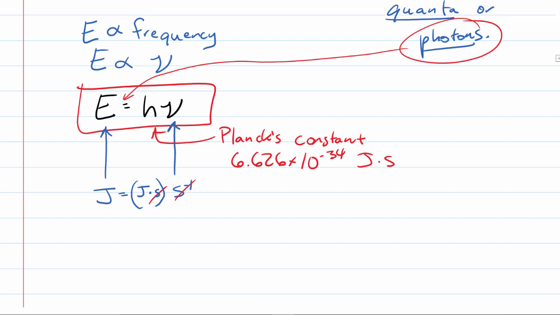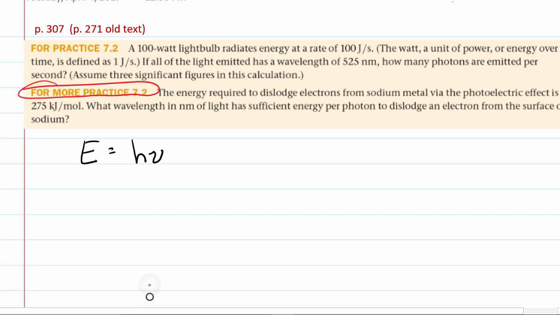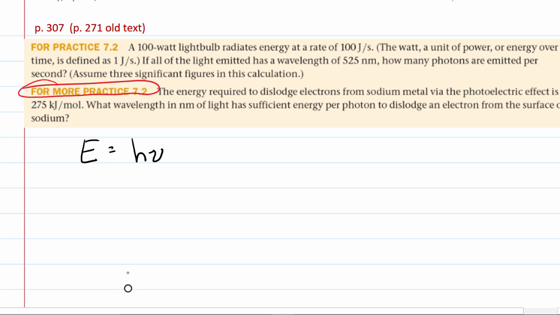But of course, in our problem, we're not looking for a single photon here. We are given information for a mole of photons, or a mole of electrons that those photons will kick out. So what we need to do then is figure out the amount of energy for every one electron, or for every one photon that's going to get kicked out of here.